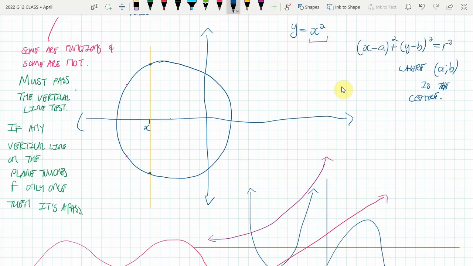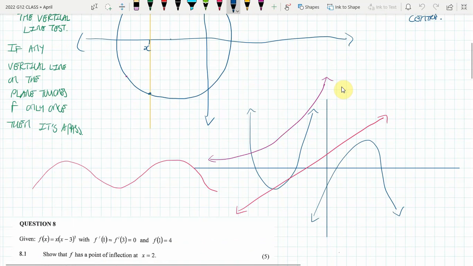That's why it does not match the description: there are some values in the domain of f that have more than one y value assigned to them.